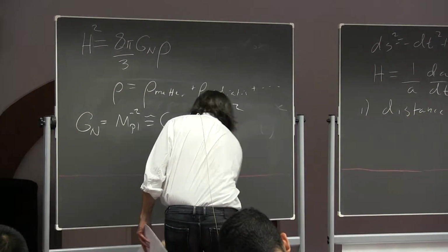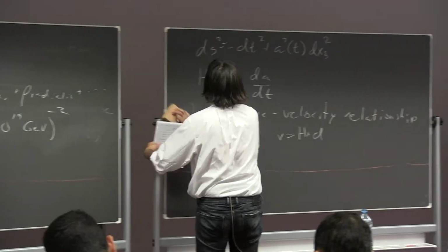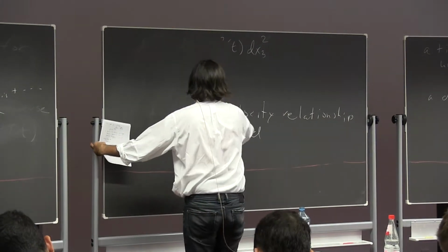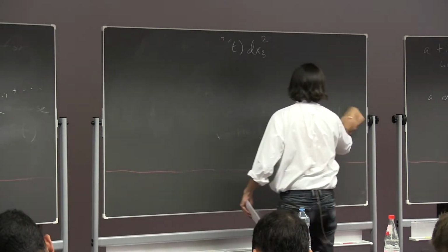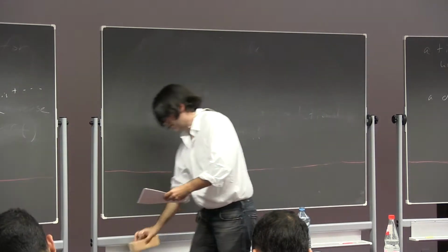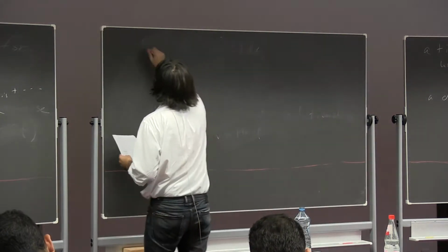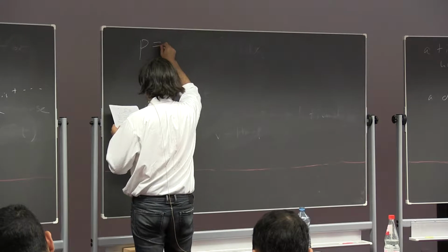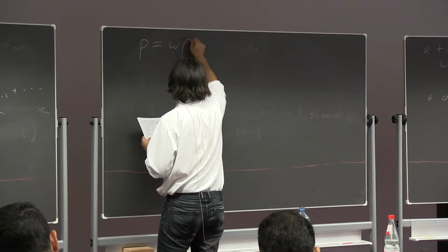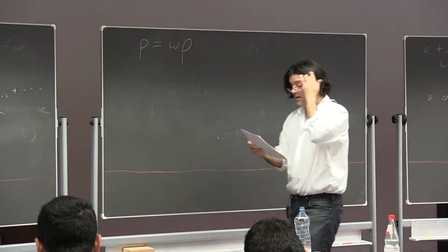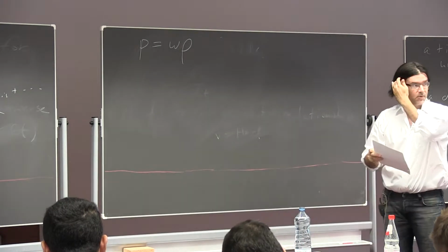So for a given energy density, we use the relationship, which is usable when it's usable and not when it's not.